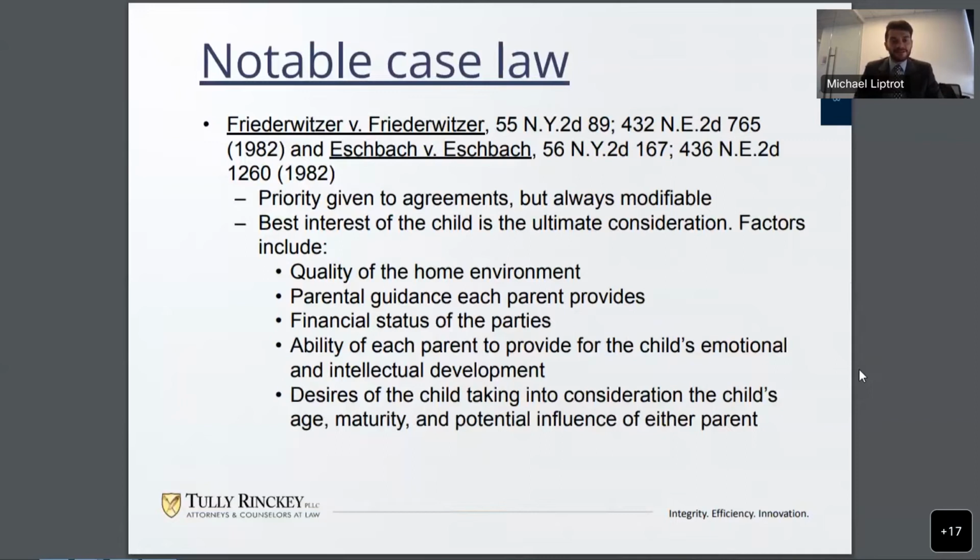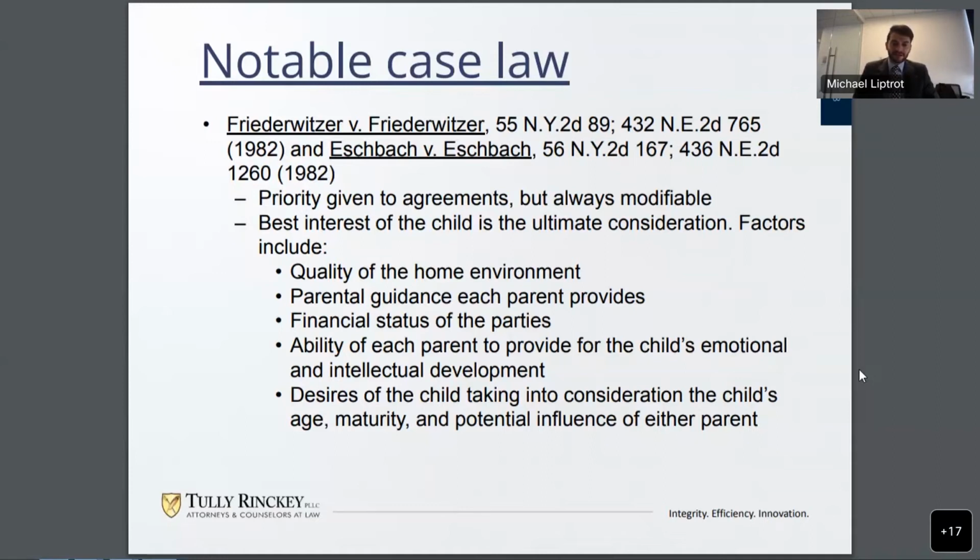These are the seminal cases, Court of Appeals 1982, regarding custody modifications. Both cases involved modifications of prior agreements, not court orders. They were post-matrimonial, and there, the court noted that priority will be given to agreements.